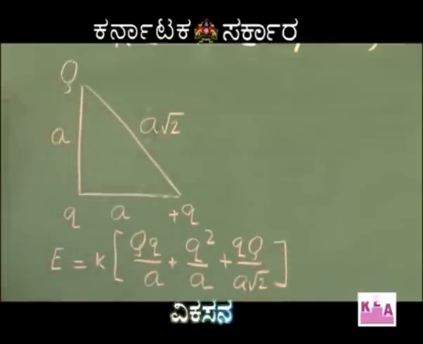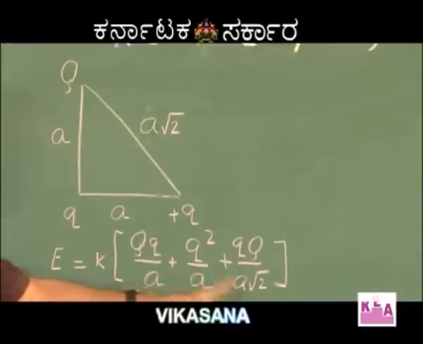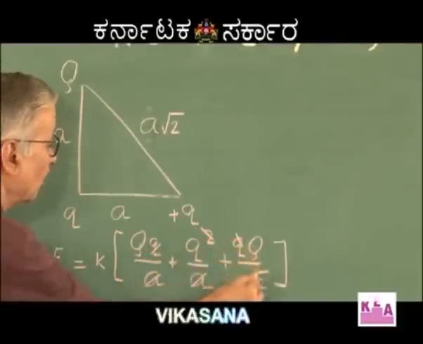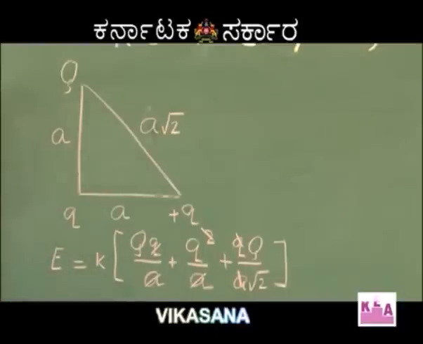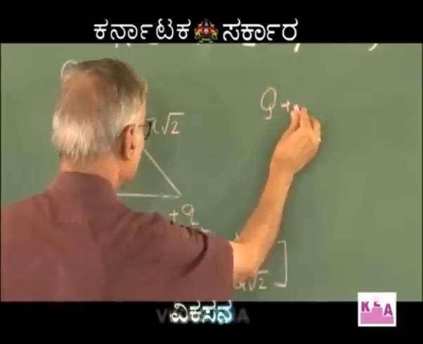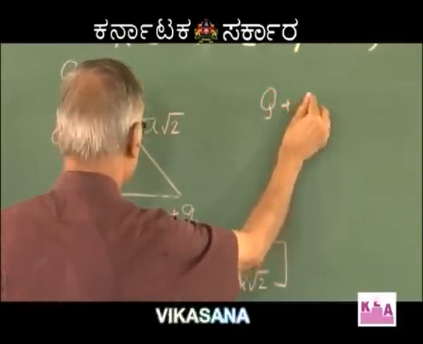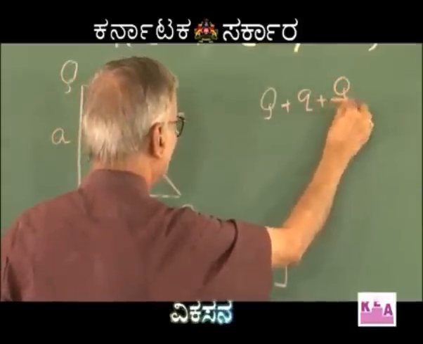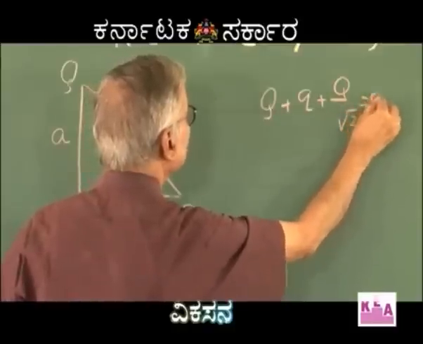Now, in this case, you can agree that if this electrostatic energy should be 0, the quantity inside the bracket should be 0. I will remove the common term q by A. Therefore, in order that the bracketed quantity should be 0, q plus small q plus capital Q divided by root 2 should be 0.